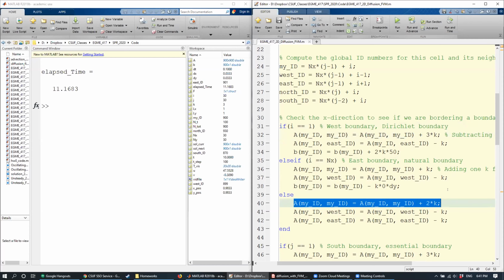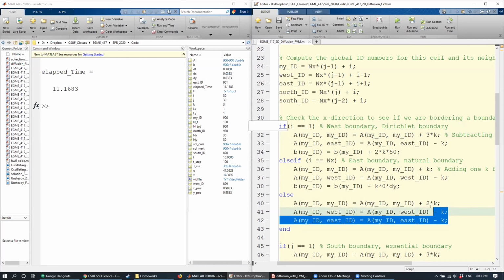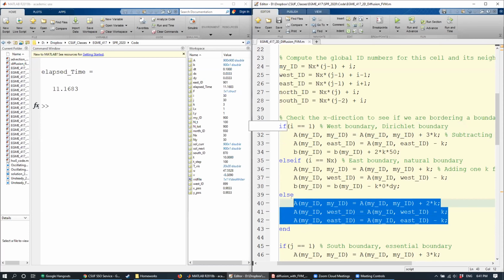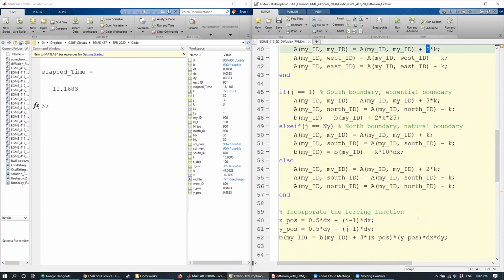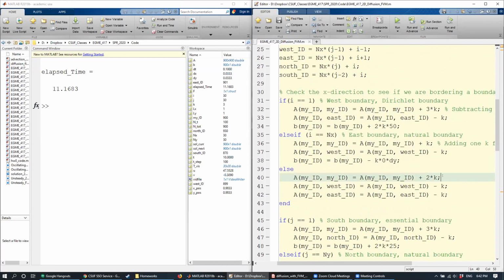Since we're just doing the west and the east integrals, the only thing that we're doing is 2 of them. So in the base case, where we have a neighbor on the east and the west, we're only going to add 2k right here. Normally this is 4 if we're considering the north and the south, but those come down here. Since we're doing just the east and the west first, we're just going to add 2. For the Dirichlet boundary condition, we're adding 3 instead of 2.